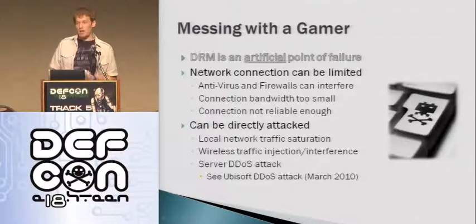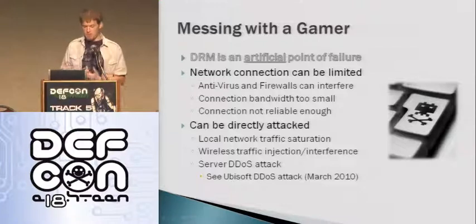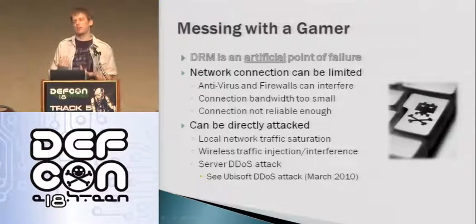And when you then attack such a system that is kind of on the breaking point of failing, it is relatively trivial. What you can do here is obviously inject local traffic into the local network if you sit there locally. But you can also interfere with the wireless network and you can DDoS the server, and that's what happened with Ubisoft.